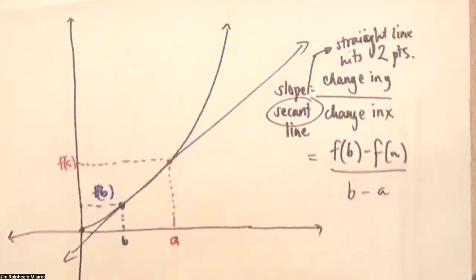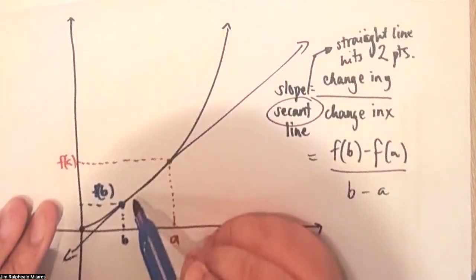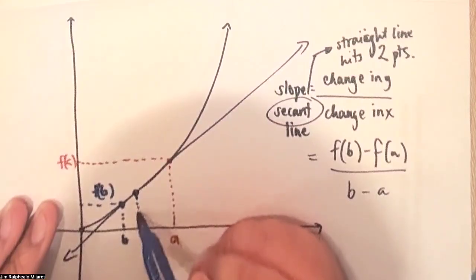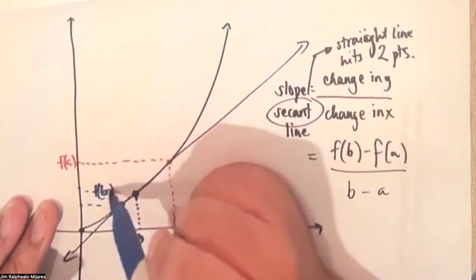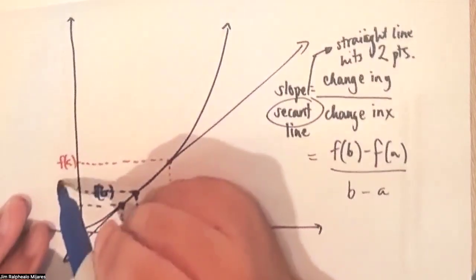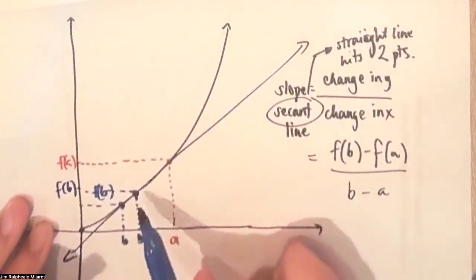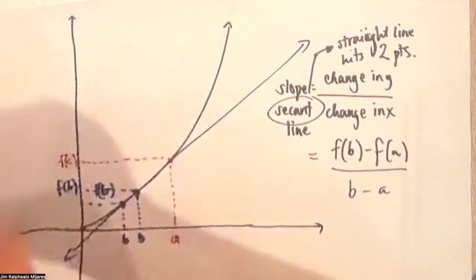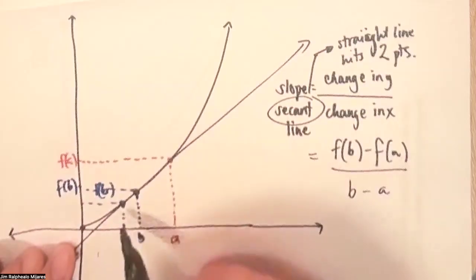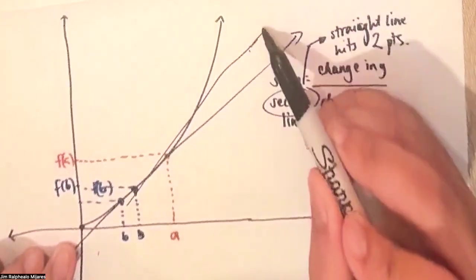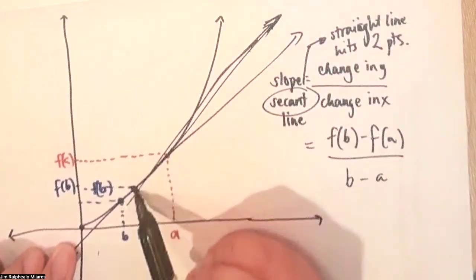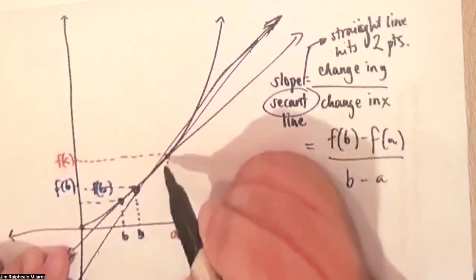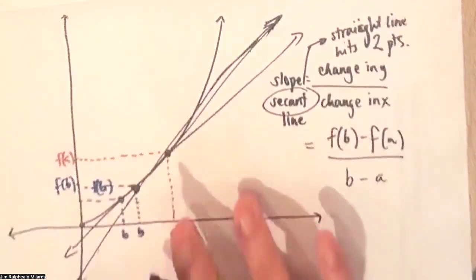Then you can imagine that we move the point ever so slightly closer to A. So we're going closer and closer to A to have a new B and a new f of B. And we will have a new line with these two points right here.